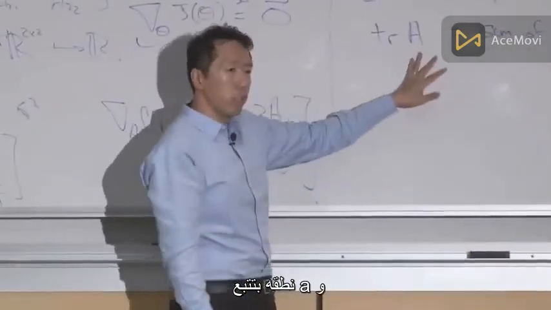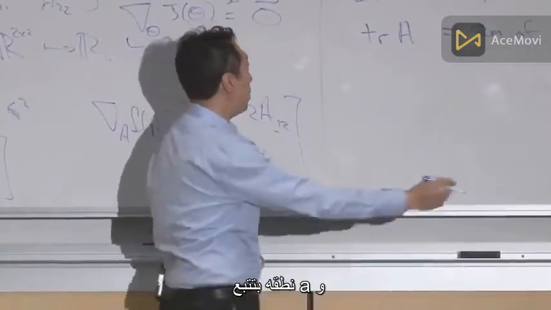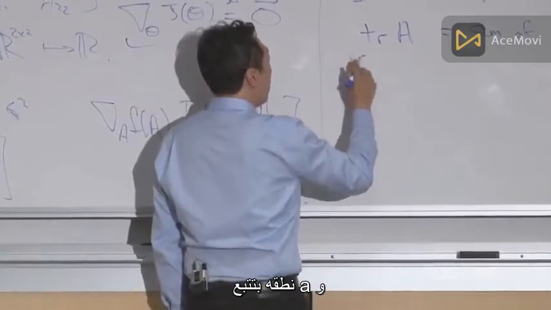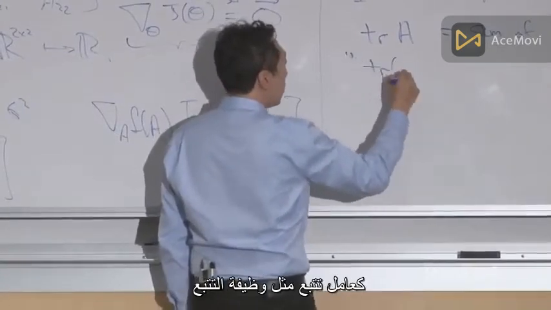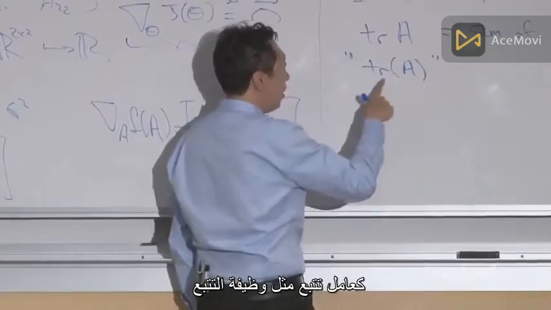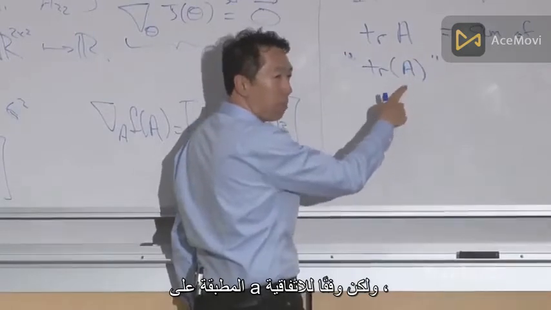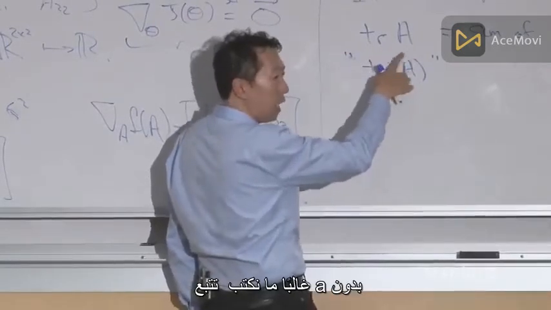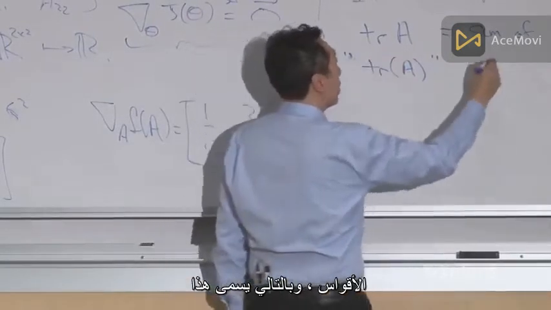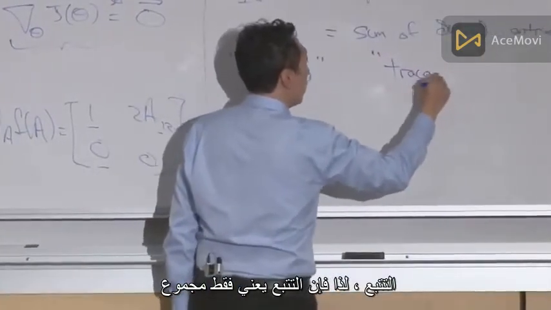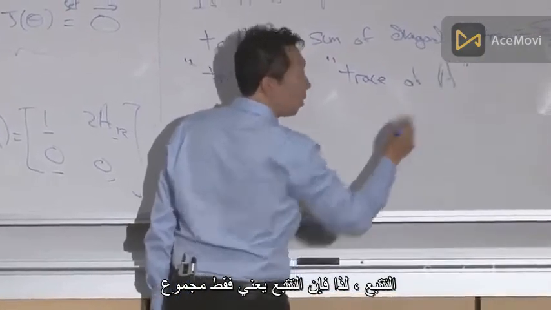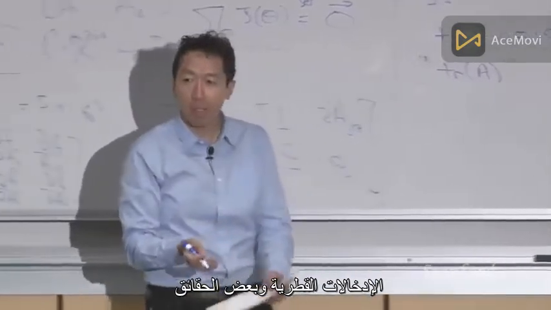This is pronounced the trace of A. You could also write it as the trace operator applied to A, but by convention we often write trace of A without the parentheses. So trace just means the sum of diagonal entries.